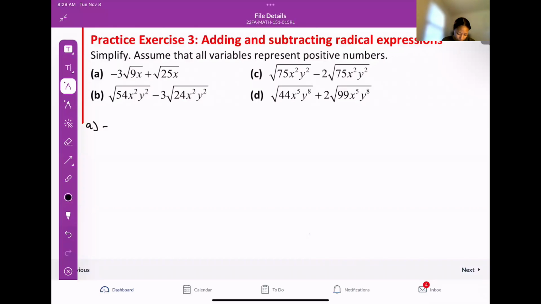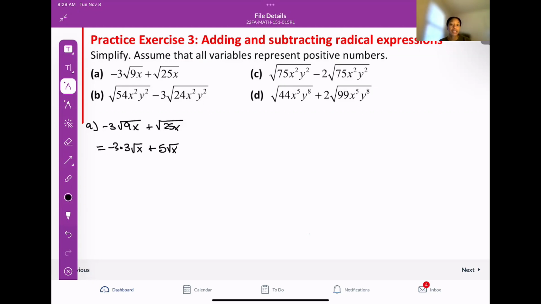So for part A, we have negative square root of x plus a square root of 9x, plus square root of 25x. So here, where do we start? We have a 9 under the square root and a 25 under the square root. We know the square root of those numbers, so we can factor that out. This would be negative 3 times 3 square root of x plus the square root of 25 is 5, so we get 5 square root of x.